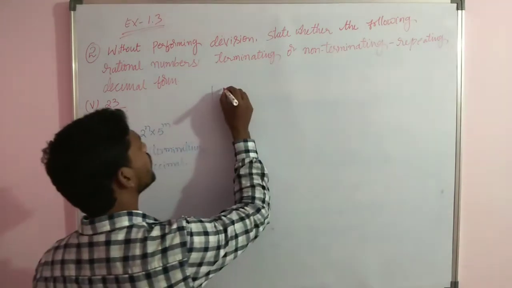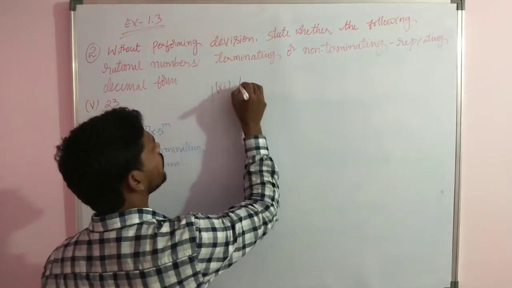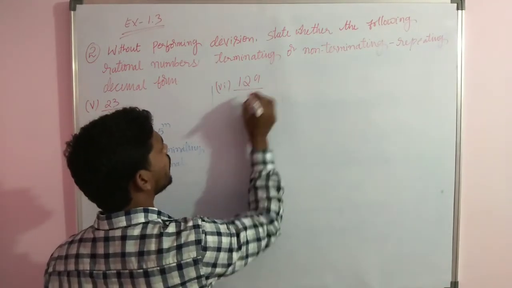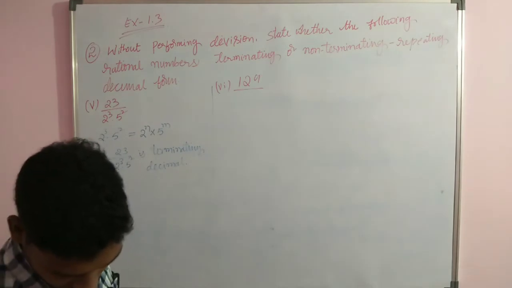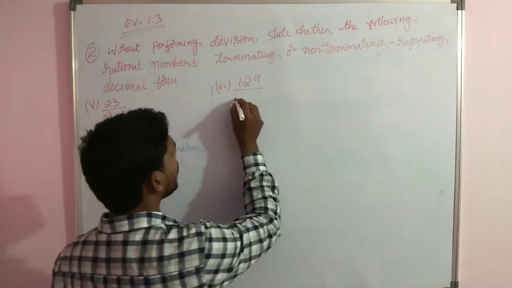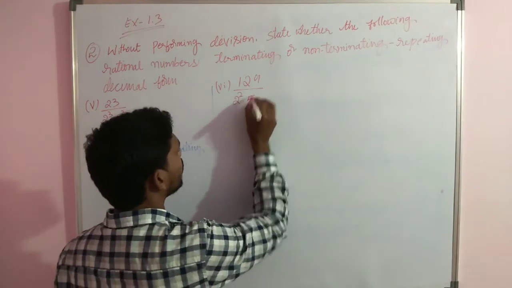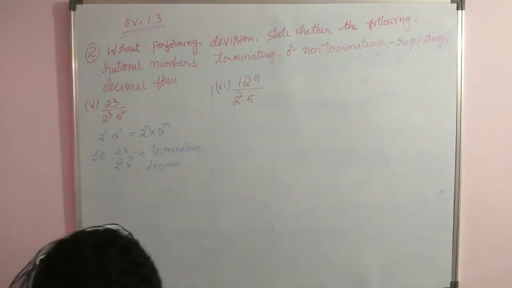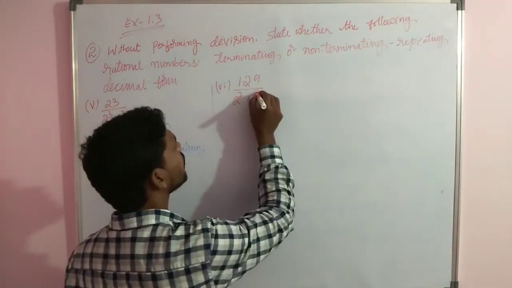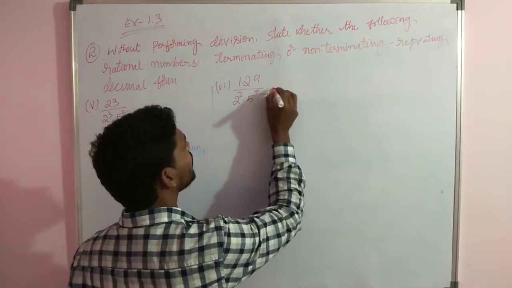Next problem, 129, that is the sixth one. 129 divided by 2 square, 5 power 7 and 7 power 5.